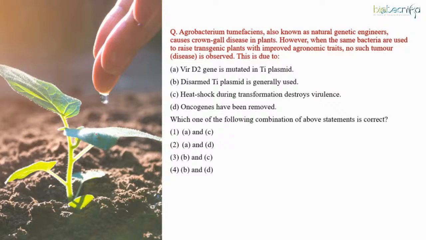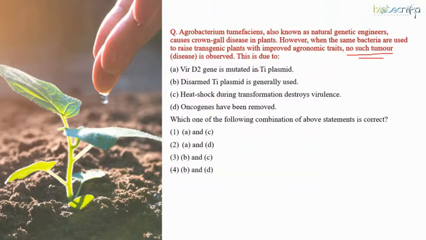Now, since you understood how Agrobacterium mediated gene transformation takes place, here is another related question. Agrobacterium is considered a natural genetic engineer, which causes crown gall disease in plants. However, when the same bacteria are used to raise transgenic plants with improved agronomic traits, no such tumor formation is observed.